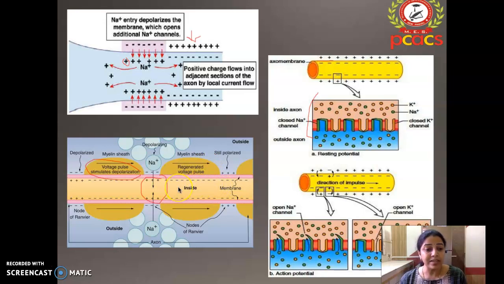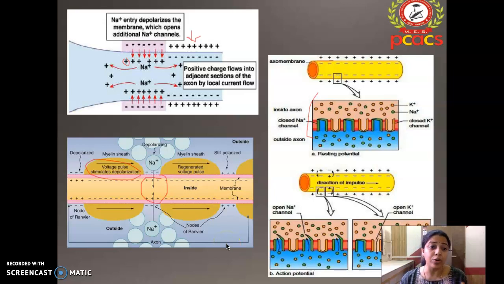It is a kind of wave that is going to pass from that dendrite, which is your postsynaptic zone, till the end of the axon. Along the length of the entire nerve fiber, this wave of depolarization is carried out. That is the depolarization part.